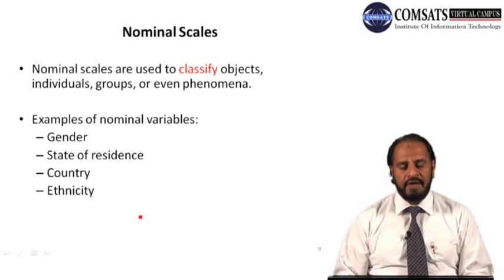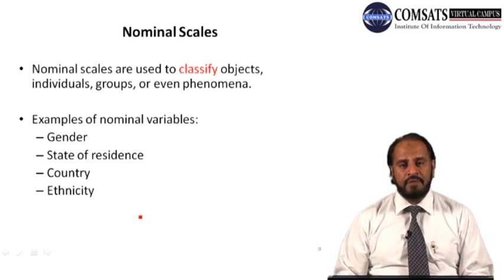So let's say we have a variable which is called gender, or state of residence, or province of residence, the country, the ethnicity. These are all examples of variables for which we need to categorize the data into groups. For country, we could have Pakistan, USA, England, or for gender we could have male or female.